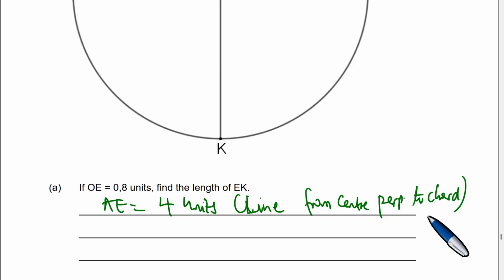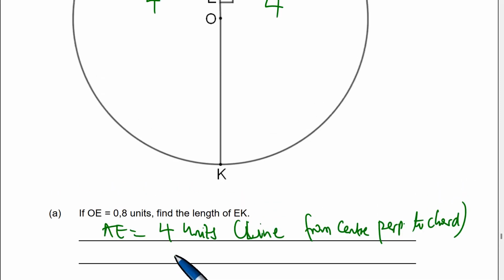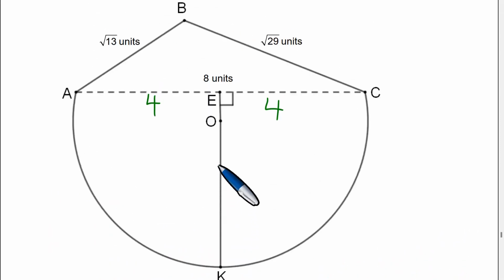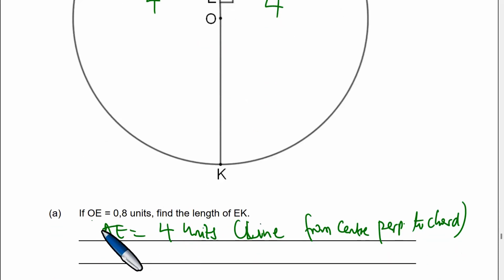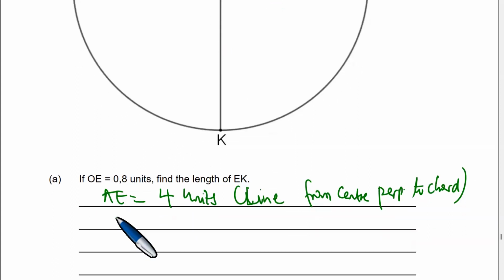What about OE? According to this, OE is 0.8 units.